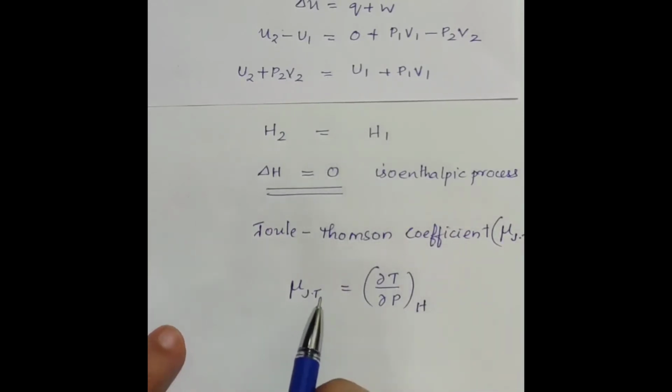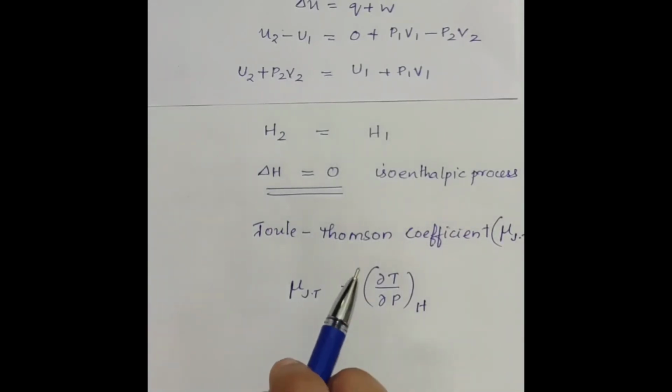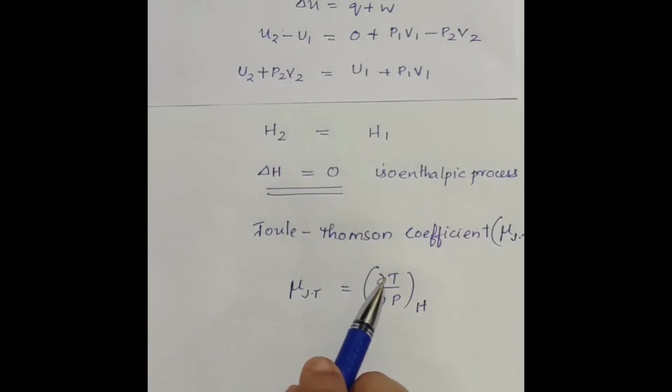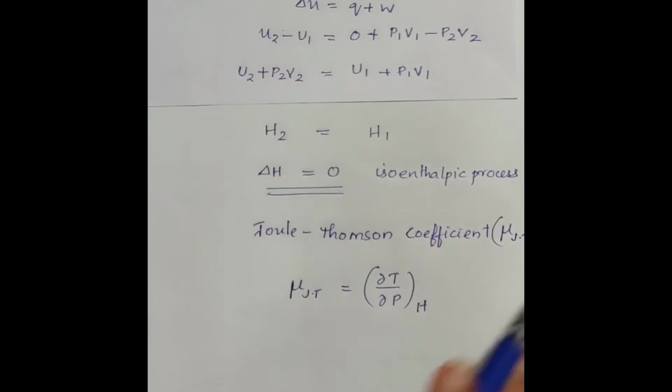The Joule-Thomson coefficient is defined as the temperature change in degrees experienced by a gas in expansion per unit pressure drop at constant enthalpy. That is, during this process, the Joule-Thomson effect, enthalpy remains constant. That is, it is an isenthalpic process.